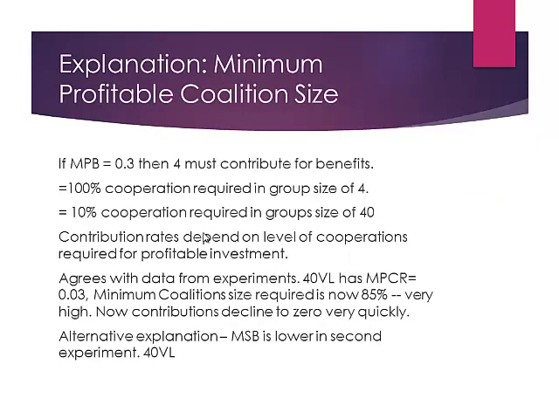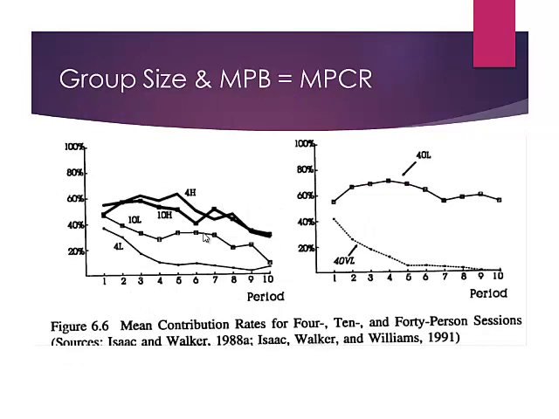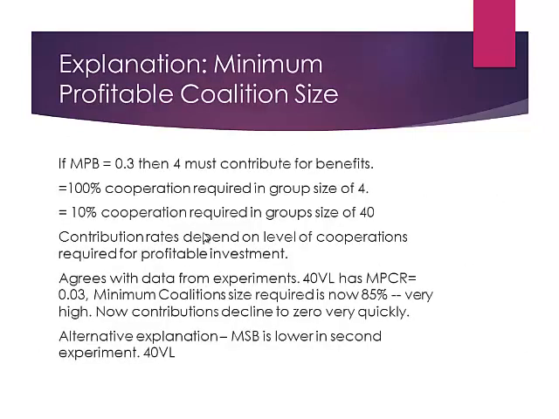So, what is the explanation for these results? Why does this come out like this? There is an interesting explanation called the minimum profitable coalition size.